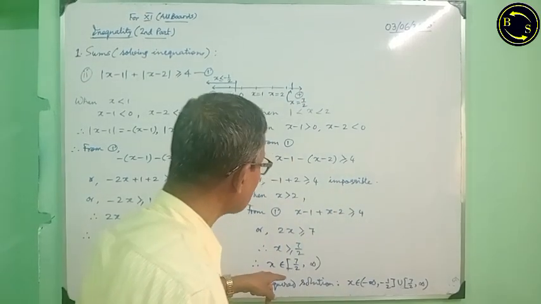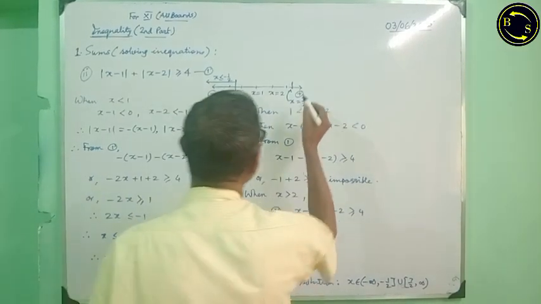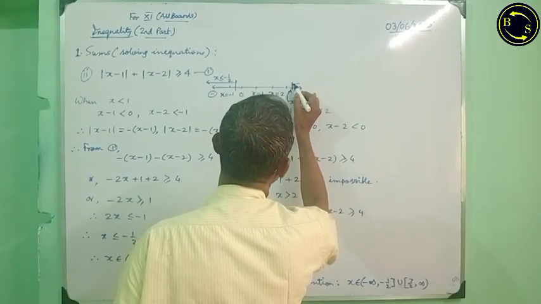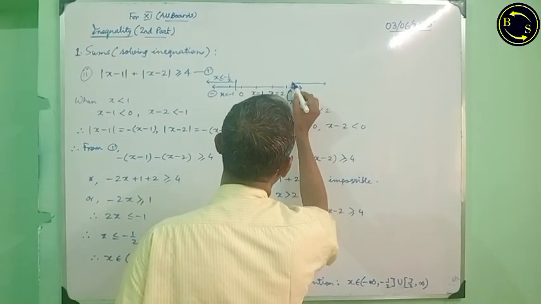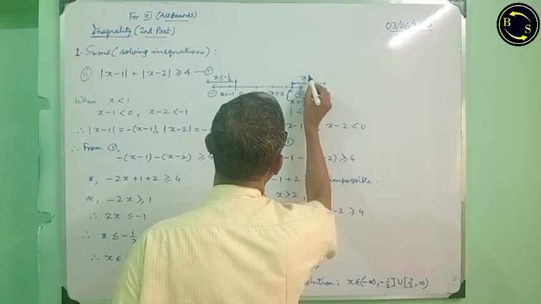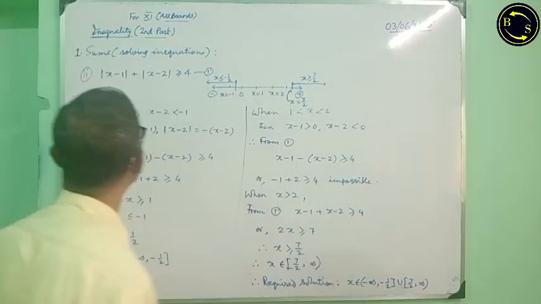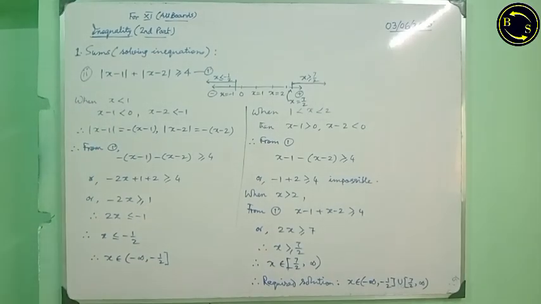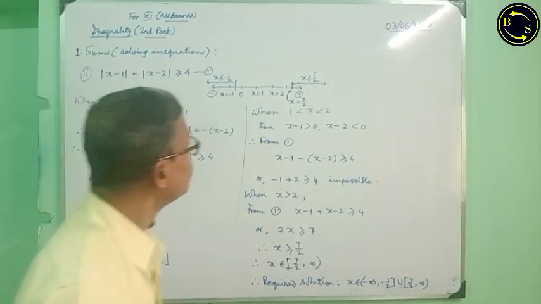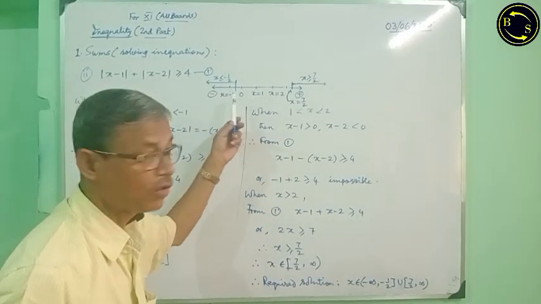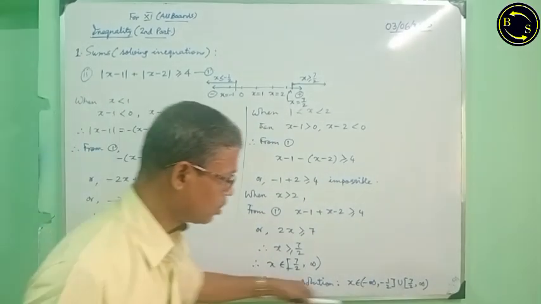Since x can take the value 7 by 2, we have to draw like this. Now, this is the representation on the number line of this solution set.